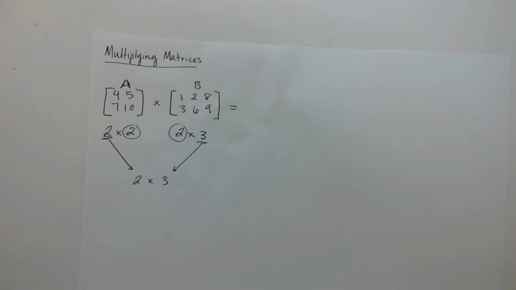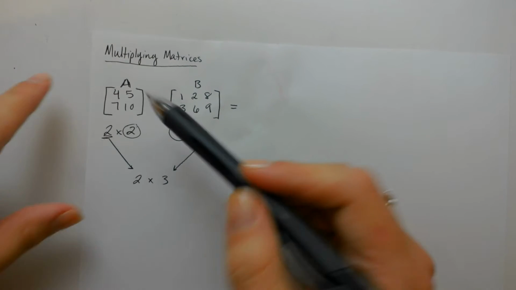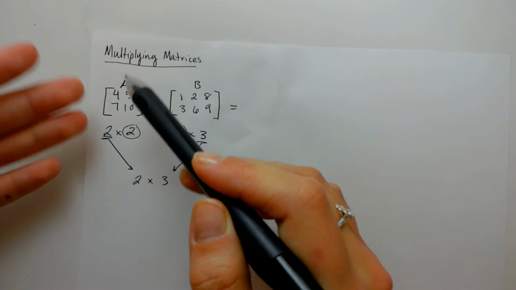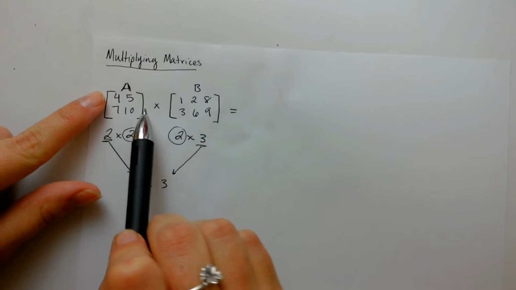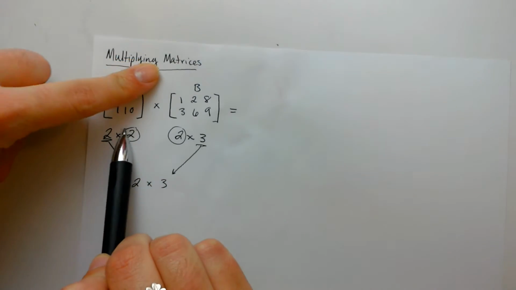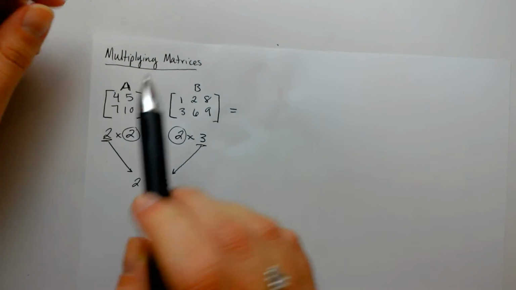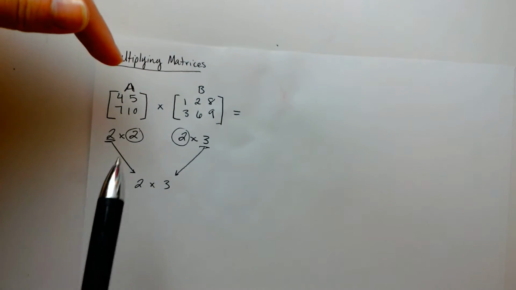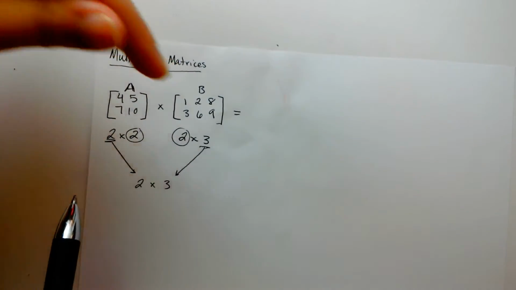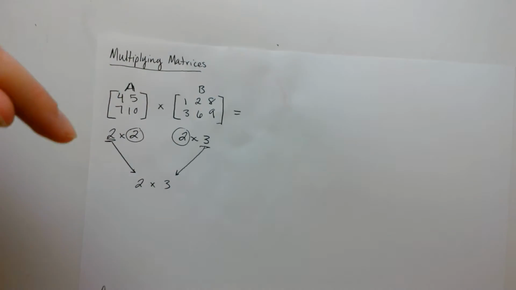Okay. So the first step in multiplying a matrix, you have to almost turn your initial matrix. You're keeping 4 and 5, but you have to imagine 4 being turned to where it's 4, 7, 5, and 10.